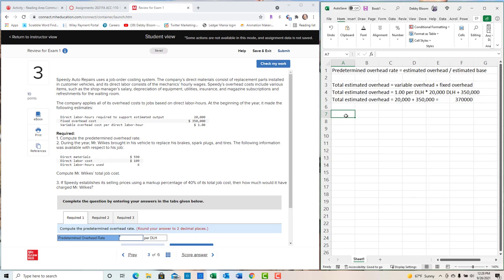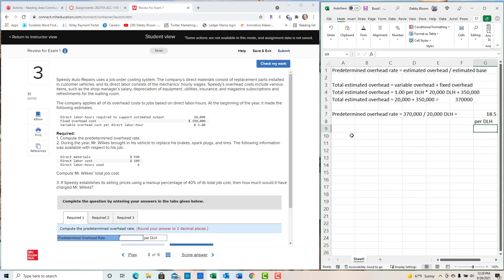So to get our predetermined overhead rate, we just take the estimated overhead, which is 370,000. We divide it by the estimated base, which is 20,000 direct labor hours. And we get $18.50 per direct labor hour.